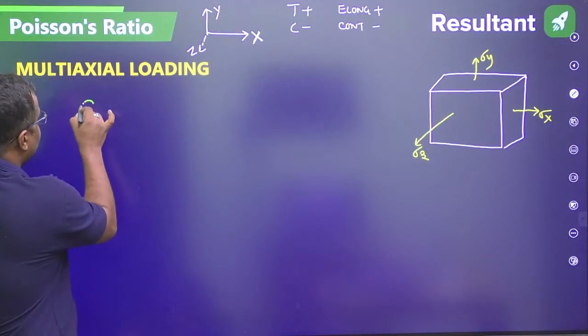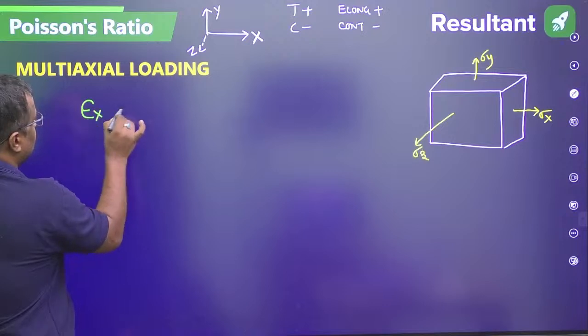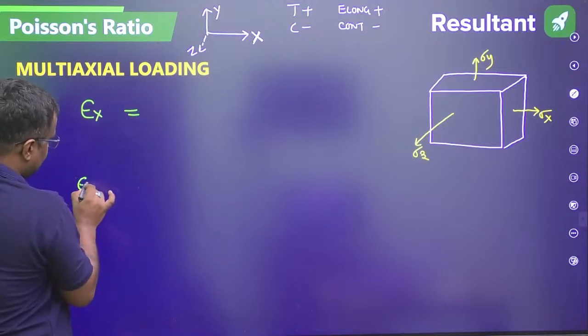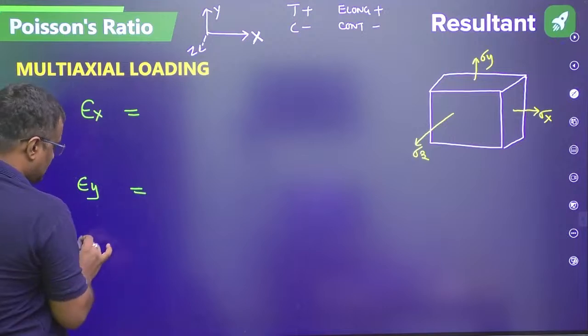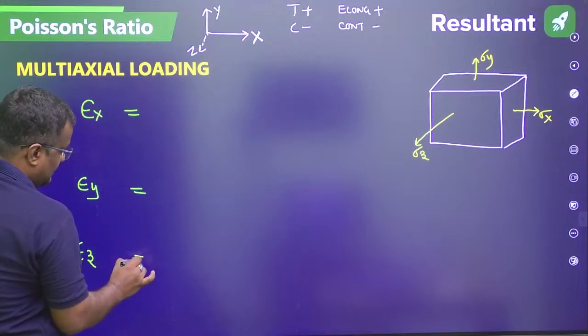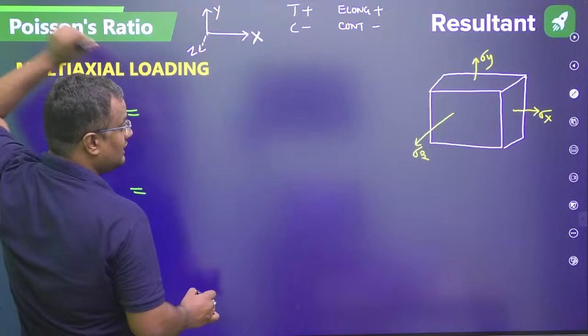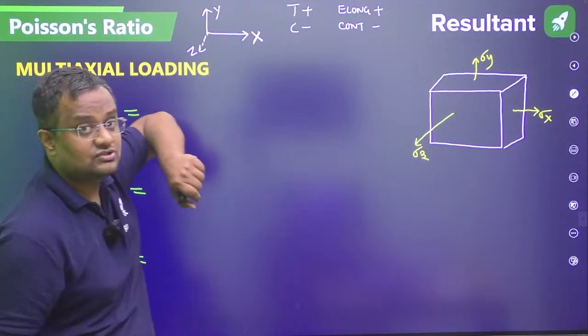If I want to write strain in x direction, then I will write strain in y direction, then strain in z direction. Now see strain in x direction.